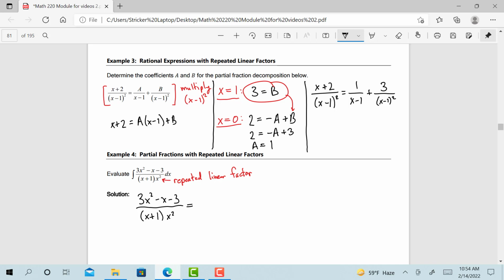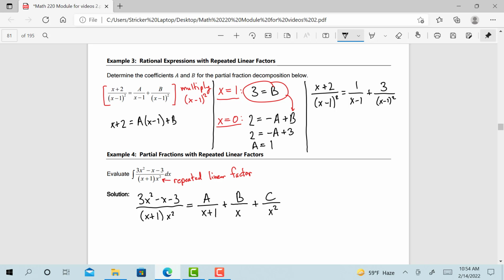Well, we have a linear factor of x plus 1, so we have A over x plus 1. And then our repeated linear factor, so we need one factor that has x, and then we need another one that has x squared. So this is B and plus C.